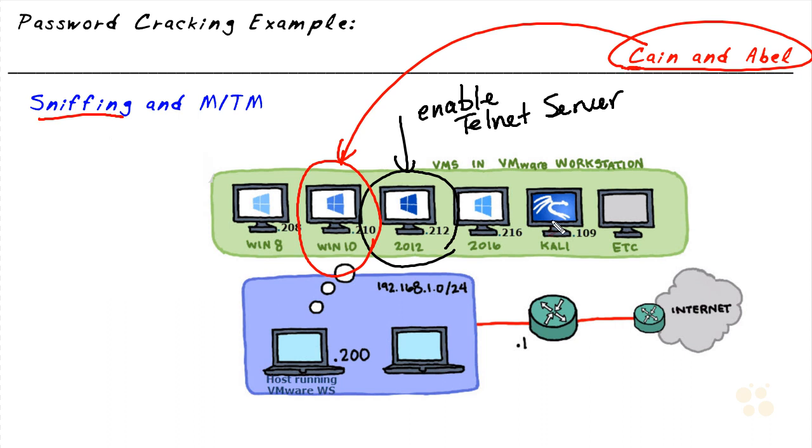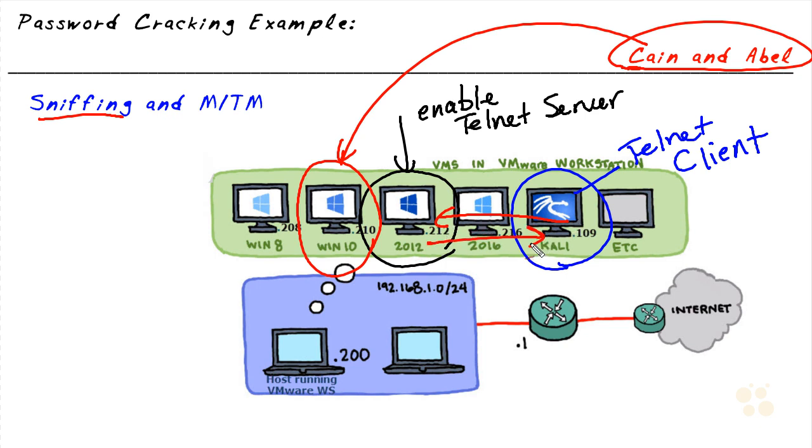And then so that we have something to eavesdrop on, let's use our Kali Linux box as a Telnet client. When the Kali box attempts to connect over to the Windows 2012 server with Telnet, and the server responds, we can have our Windows 10 machine running Cain & Abel act as a man in the middle.